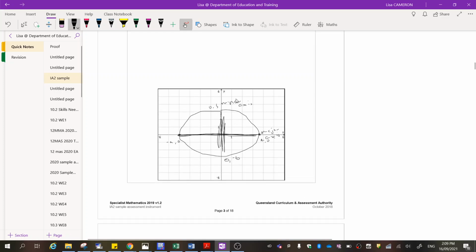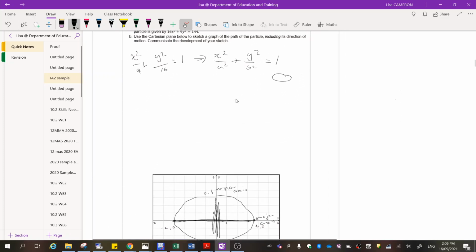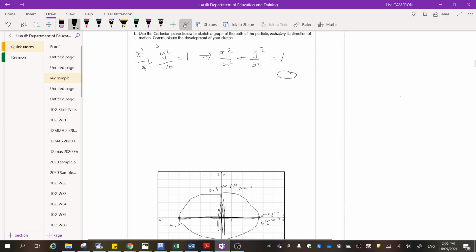So if we look back up here at the equation that we had before, the ellipse equation, we can see that a squared equals 9 and b squared equals 16.